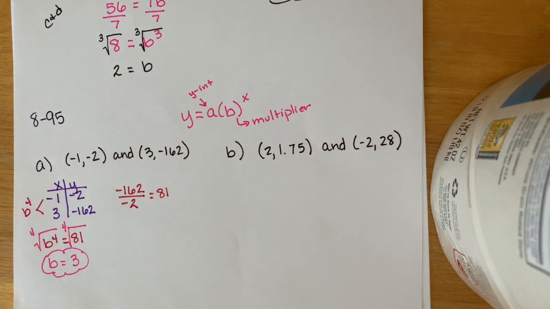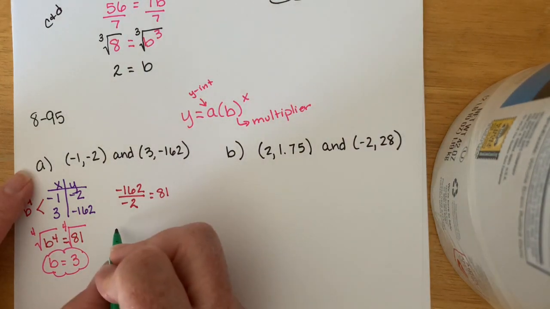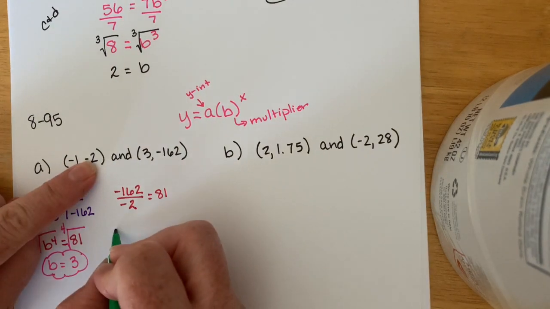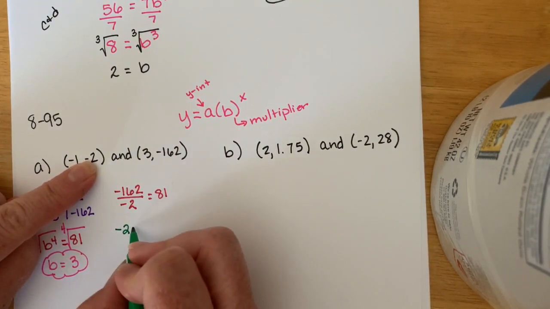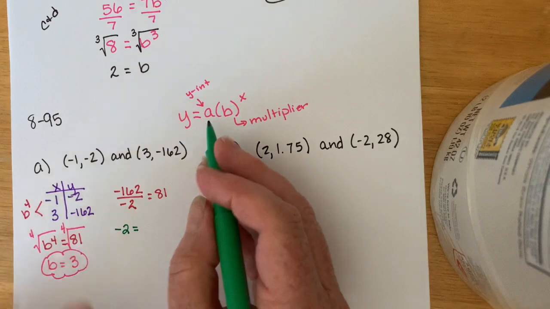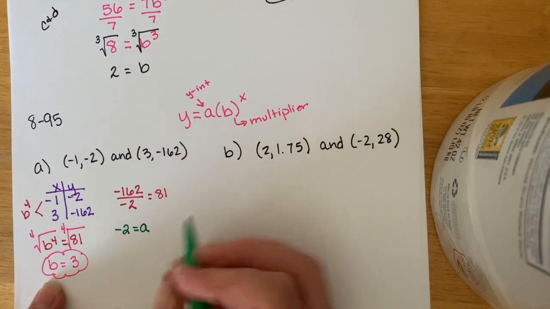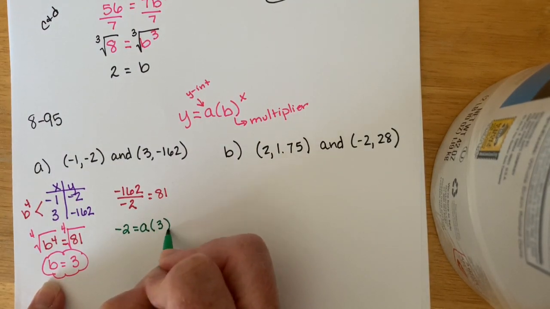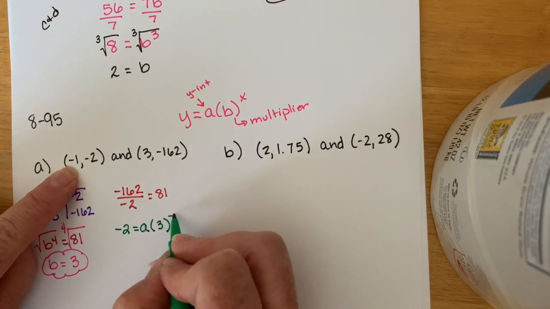We also need to find out what a equals. The easiest way to do it is just like we did in that last problem when we found b: we're going to take the equation that we know we have. I know my y is -2, my a I don't know, my b is 3, and my x is -1.